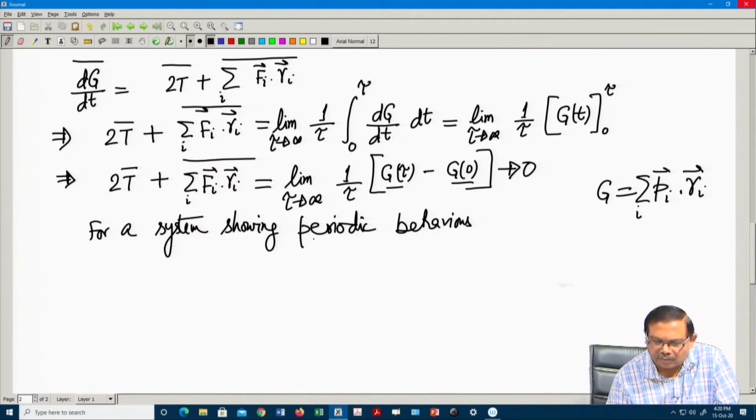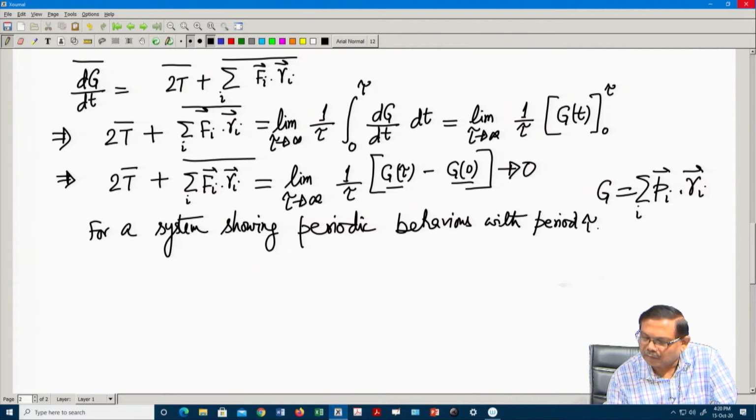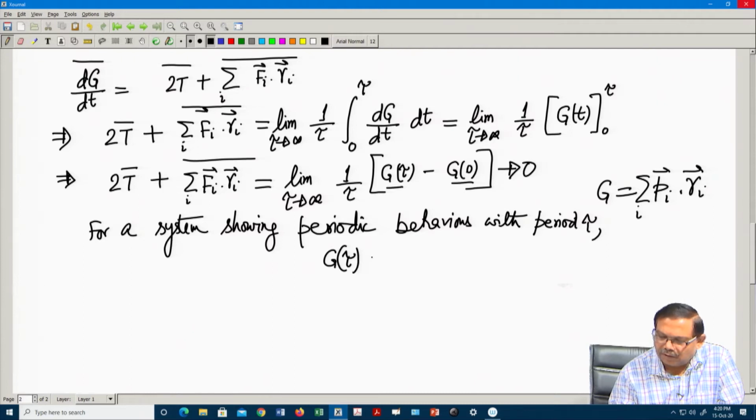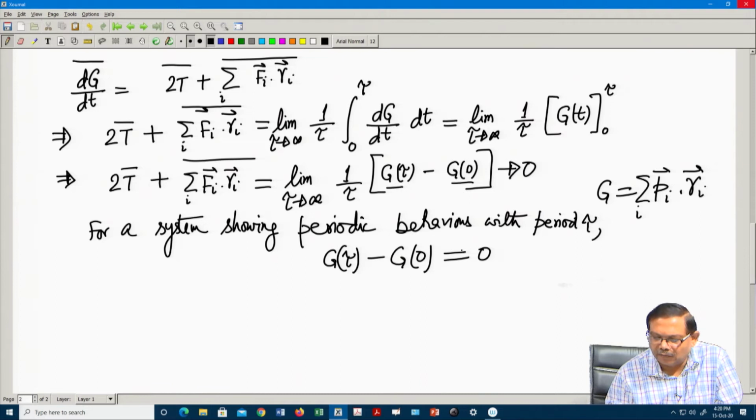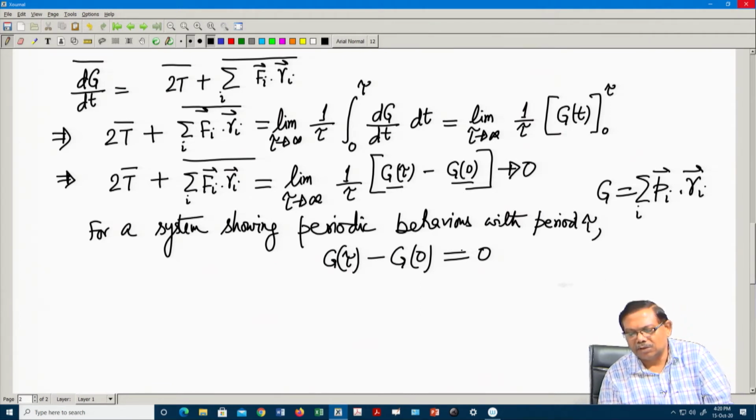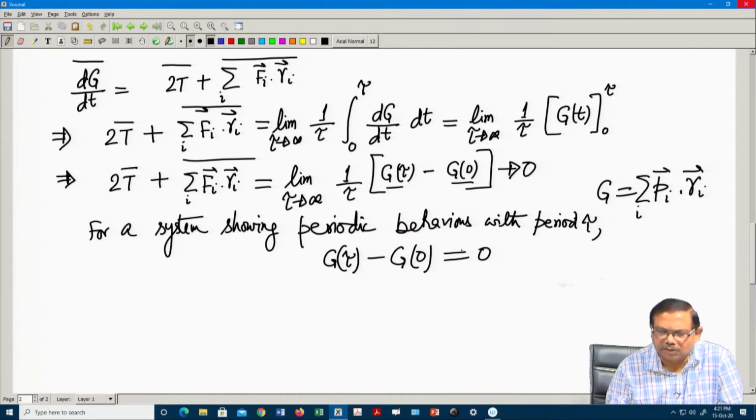So, a system showing periodic behavior with period tau, right, G(tau) minus G(0) is 0. So, whether we have a system showing periodic behavior, that we will encounter, we have all in small oscillations and we have already encountered such problems, pendulum motion and some other oscillatory solutions.